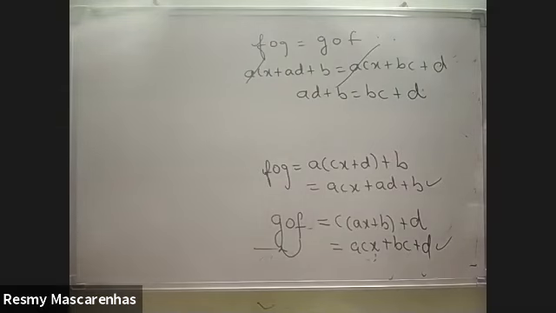So this is what you will get. Then one more, show that f of d is equal to g of b.